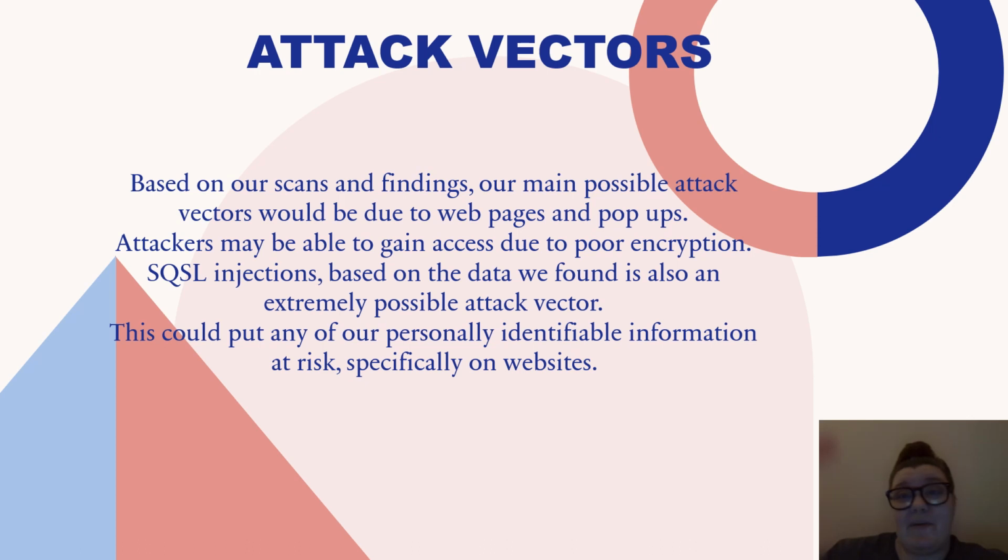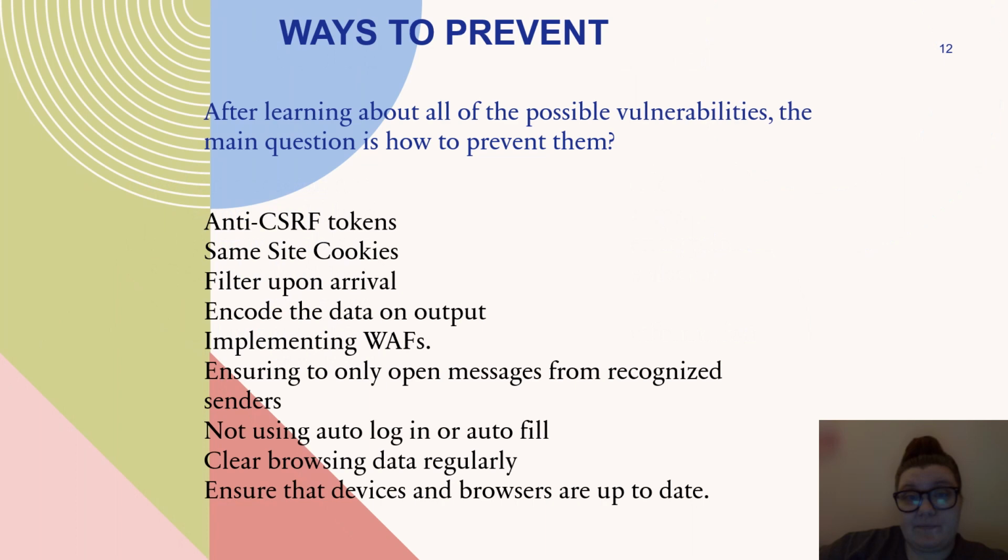Based on the data that we found, it's very possible for that to be one of the attack vectors. This would put any of our personally identifiable information at risk, specifically on websites. So anything that we have saved could be at risk due to these.